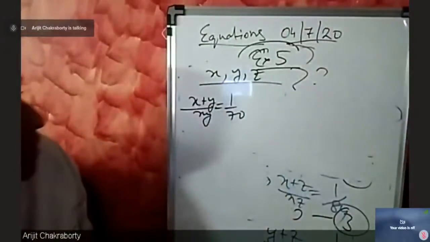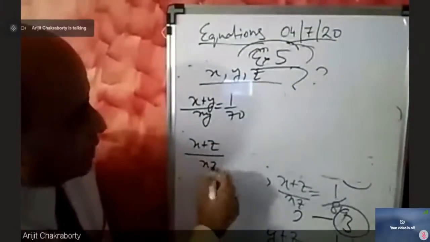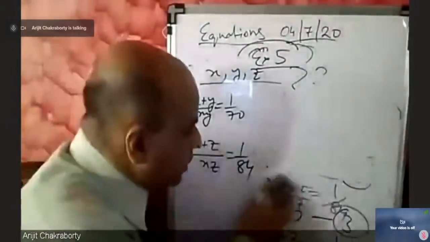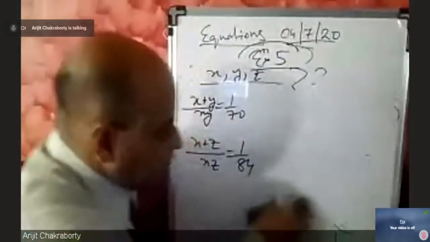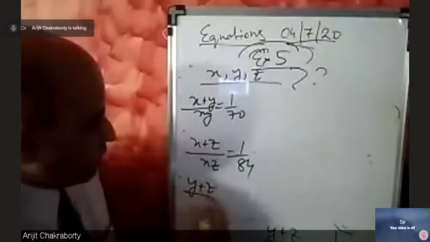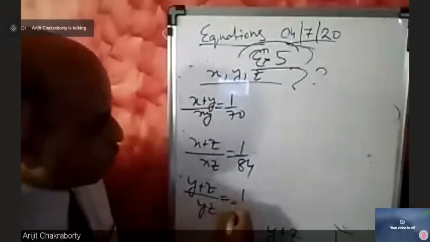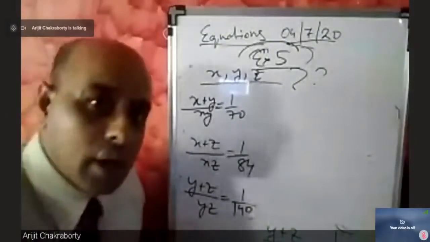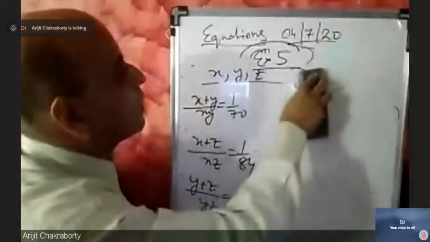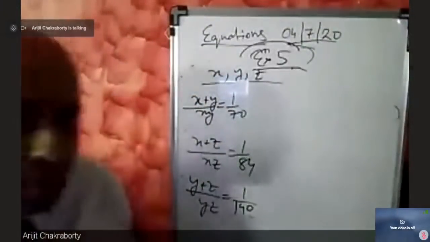Then we had x plus z by xz equal to 1 by 84. And then we had y plus z by yz equal to 1 by 140. I hope you are following.